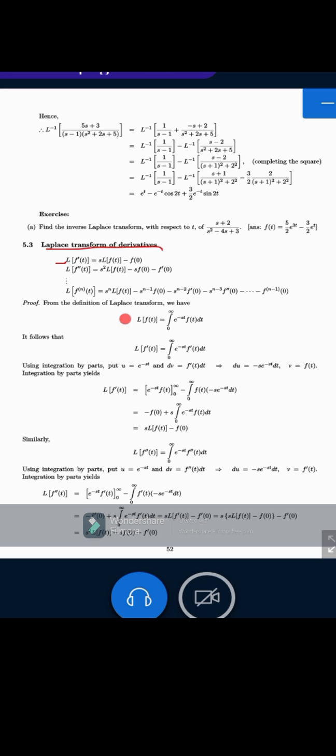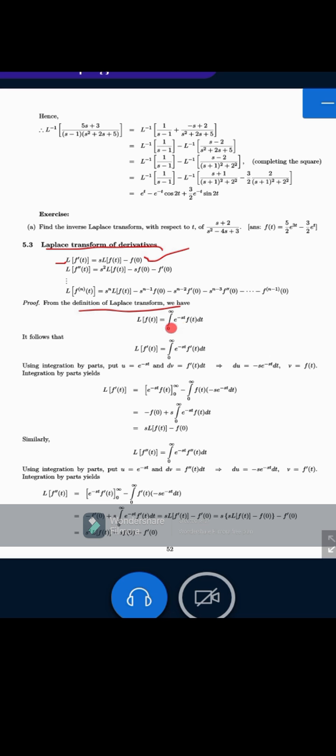So basically, how they arrived at this, we can now follow. Let us see how they were able to arrive at this point. From the definition of the Laplace transform, in our previous lecture we were able to define it, and we said that the Laplace transform of the function f of t is equal to the integral from 0 to infinity of exponential minus st times f of t dt.